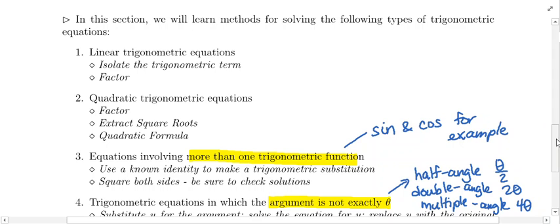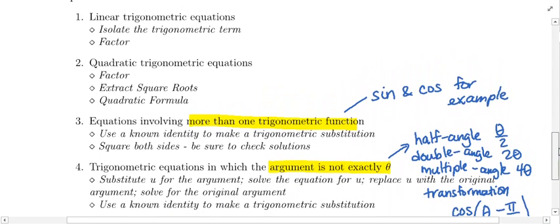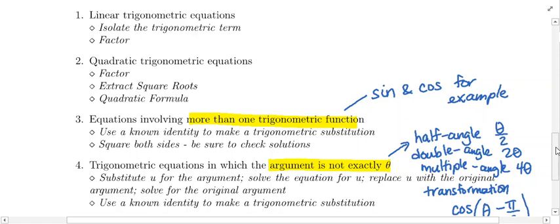Okay, if you don't quite understand what I'm talking about here in terms of the methods, that's okay. Like I said, we're going to go one equation type at a time and work on each of the methods. So hopefully it will make sense after that. Okay, so let's get started on linear trigonometric equations.